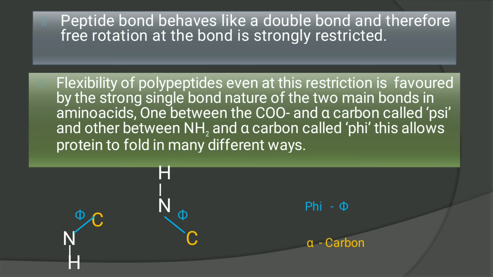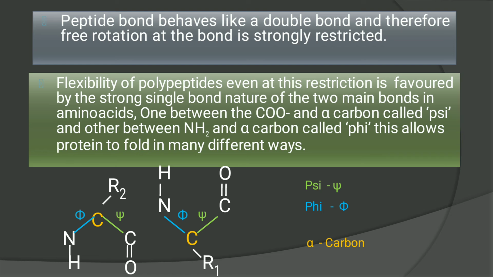This phi bond is one of the main factors by which peptides can fold to any extent. Now, the second valency of the alpha carbon is filled with the carboxylic acid group, and that bond is known as the psi bond. This is the second bond that is important for the folding property of amino acids and proteins.